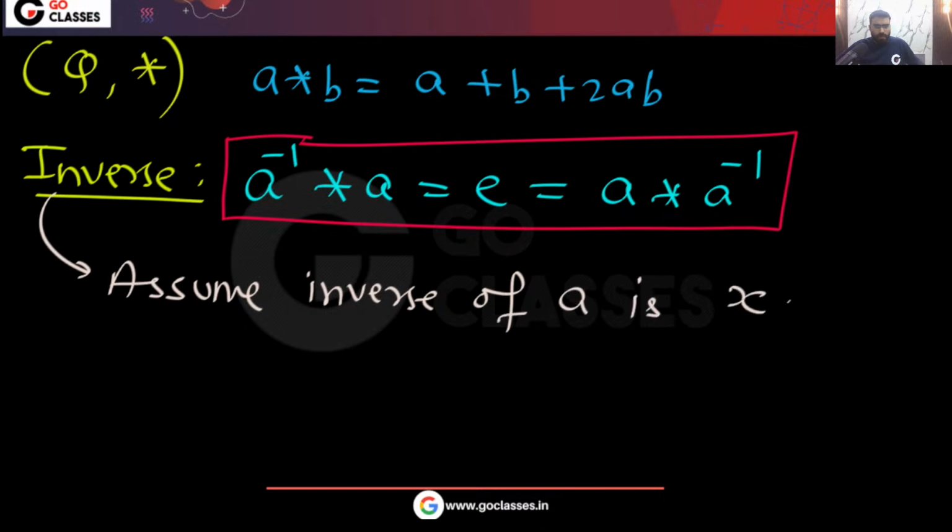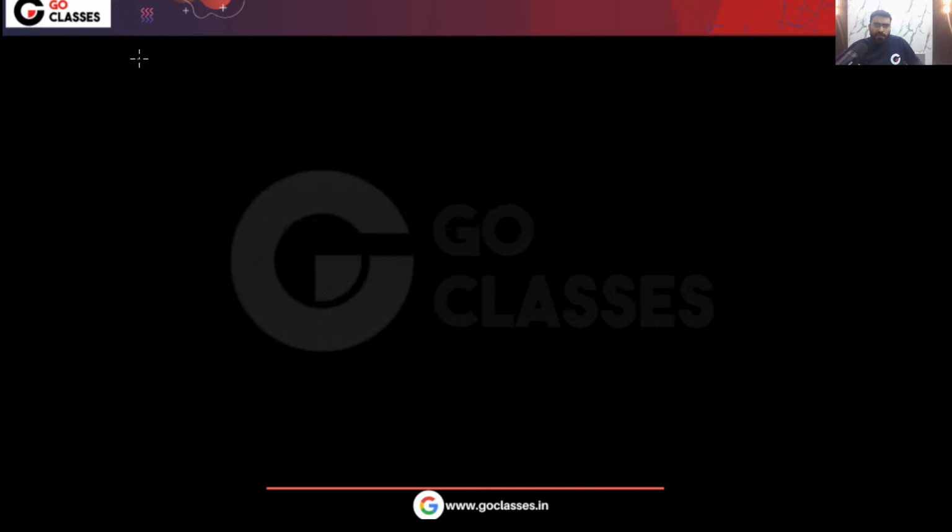In this situation, A star x should be equal to the identity element, which is 0. So if I do A star x, that should be equal to 0.